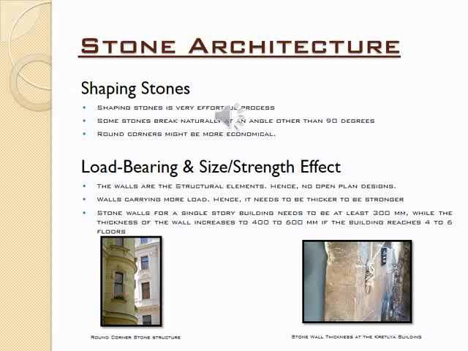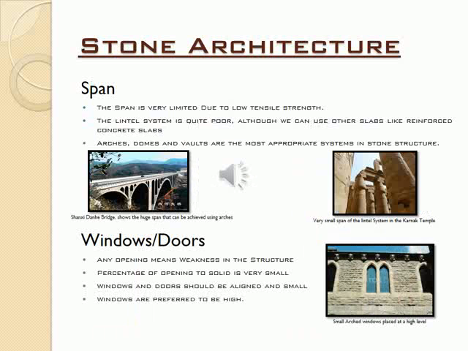In fact, stone structures have walls reaching 300 millimeter with a single floor structure, and it can reach 400 to 600 millimeter if the structure becomes a 6-floor structure, and that is very constraining in terms of the design.